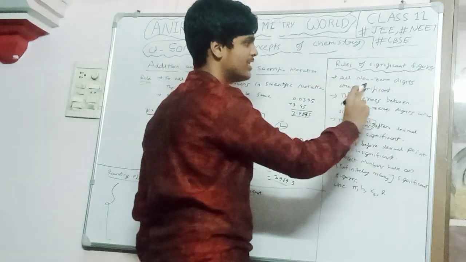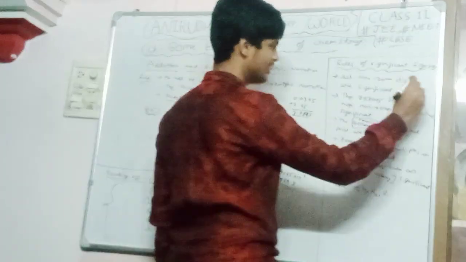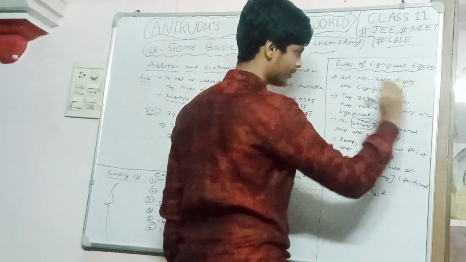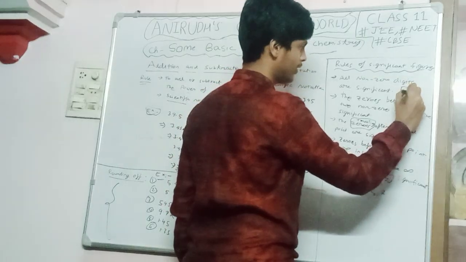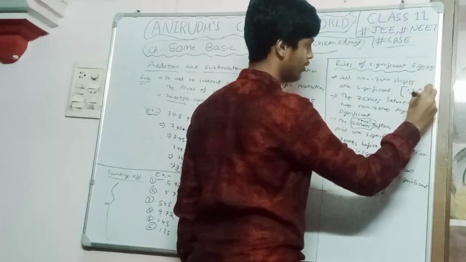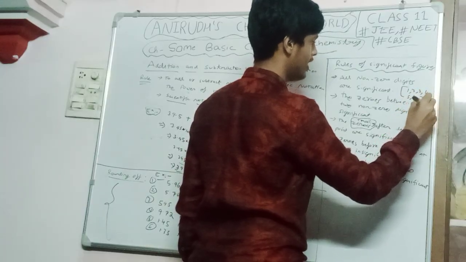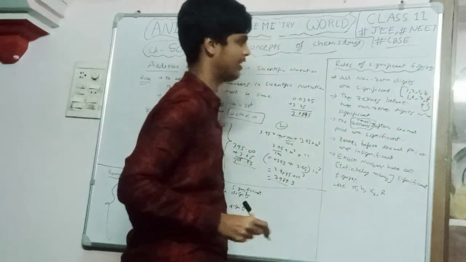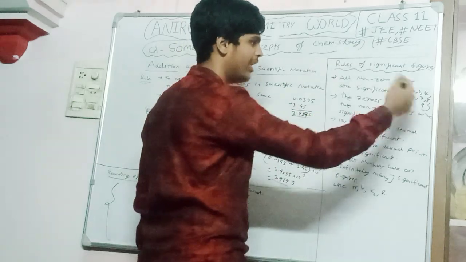All non-zero digits are significant. What does it mean? Except the number 0, from 1, 2, 3, 4, 5, 6, 7, 8 and 9, all the numbers are significant. All the non-zero digits are significant. Means except 0, all are significant.